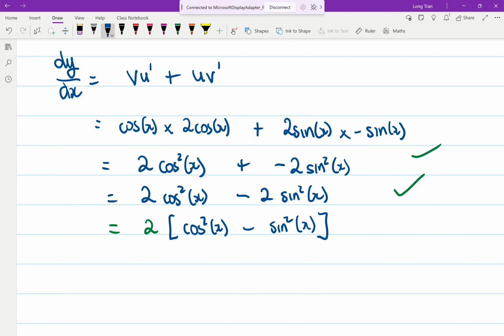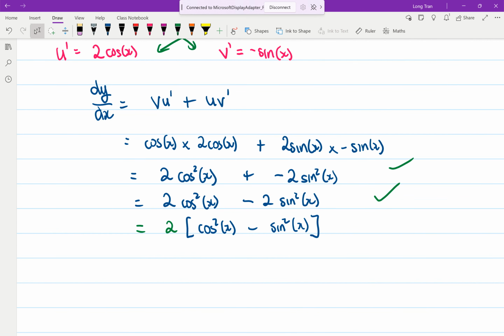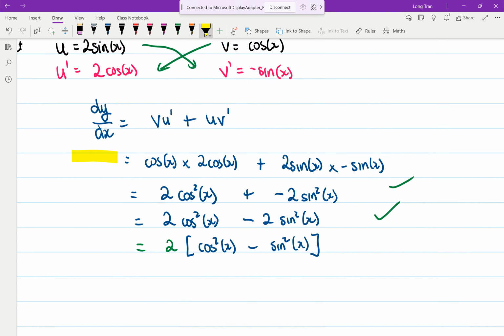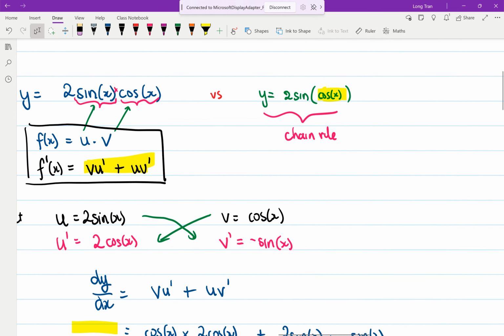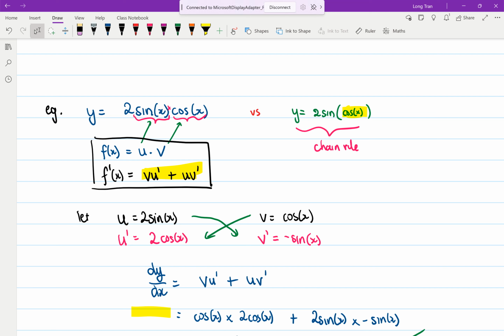Wait, now I'm confused about what you were saying. Go back to the first one, the very first one. Yeah, so you can just simplify that to sine 2x. Yes, we can. And you just get 2 cos 2x.